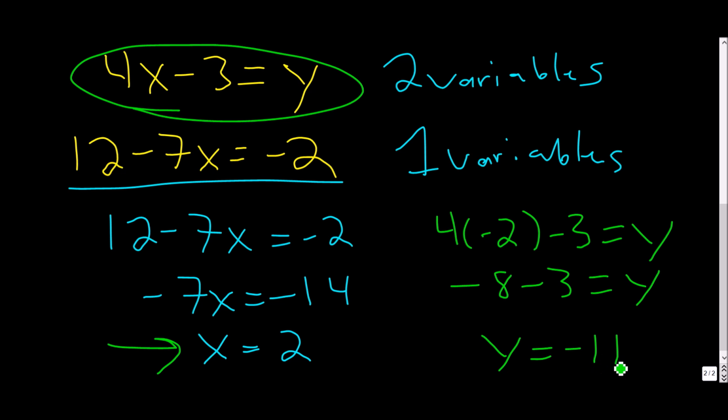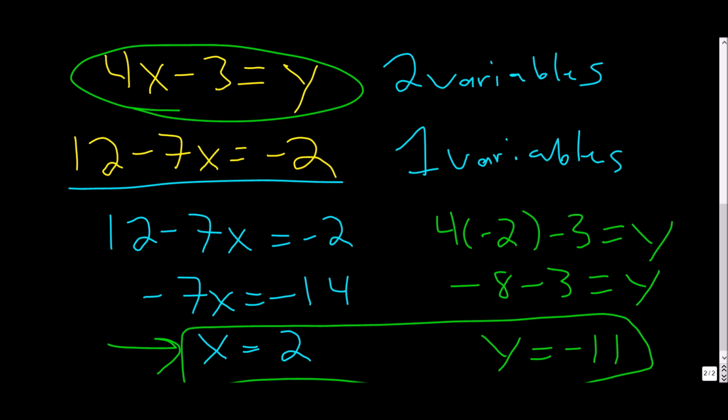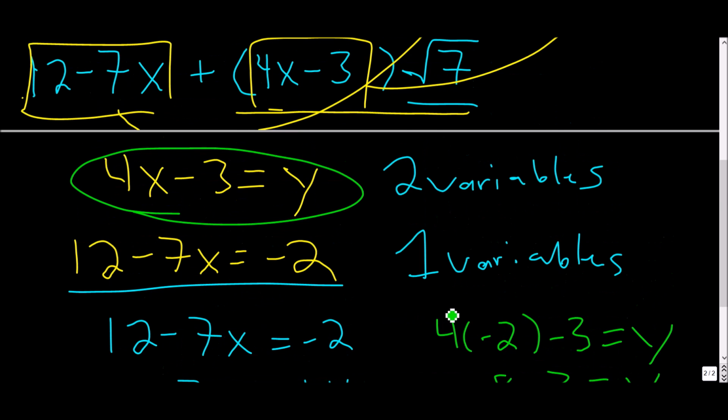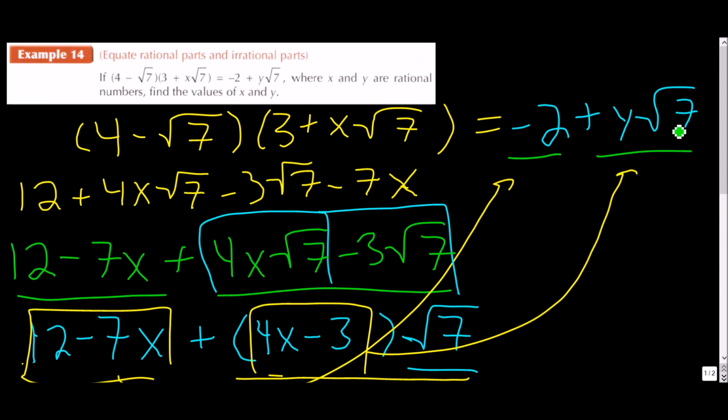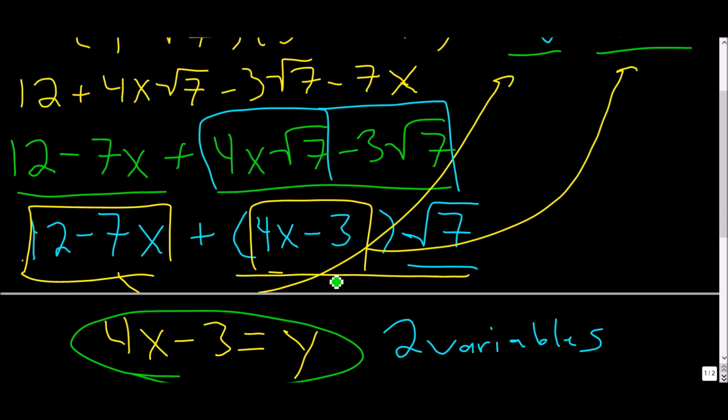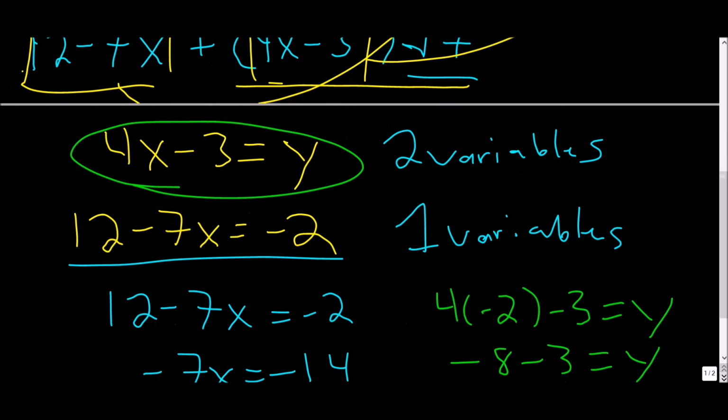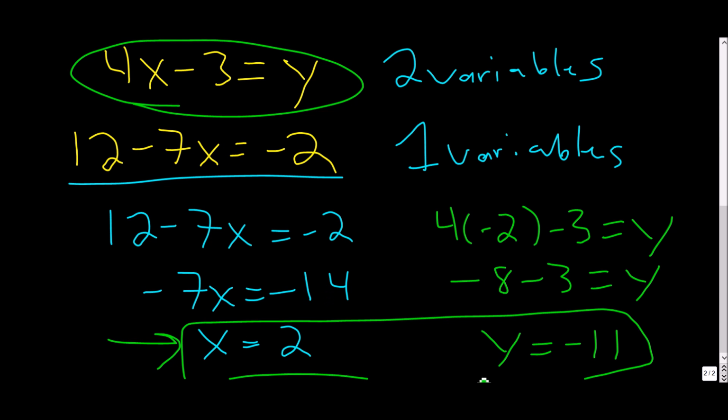This is our solution set for our equation, and it's based off of us understanding that the only way to make the square root of 7 is to be part of the square root of 7, and we can't write that in any other way. It's called a surd. It's non-reducible. So anytime we see a square root of 7, we can use that to our advantage to try to group things and then try to make a statement at the end, which allows us to find that x would have to be 2 and y would have to be negative 11.